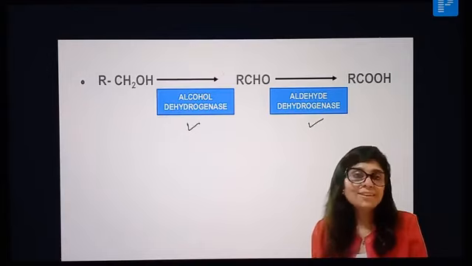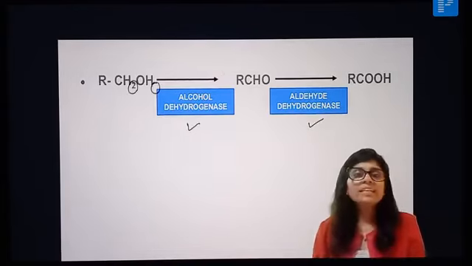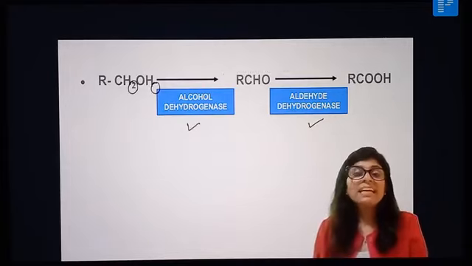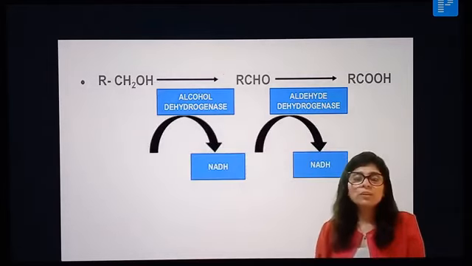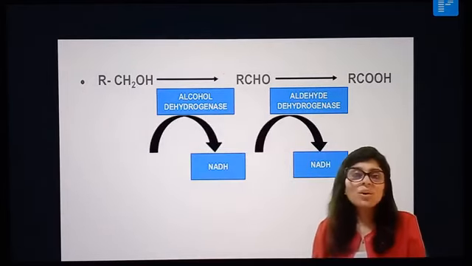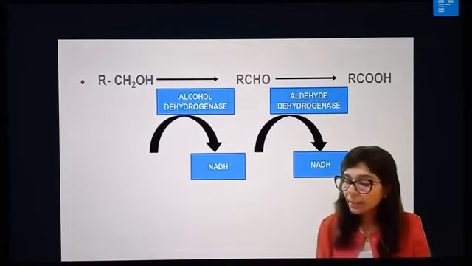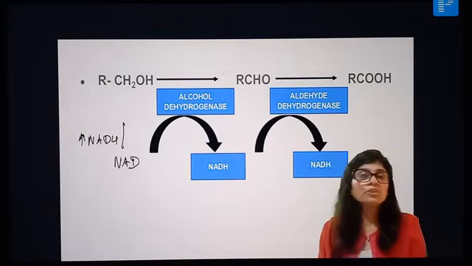What does a dehydrogenase do? Removes hydrogen from the substrate, gives that hydrogen to its coenzyme. What is its coenzyme? NAD, that becomes NADH. So for every molecule of alcohol that is getting metabolized in your body, you get 2 NADH. So the metabolic status of a chronic alcoholic is of high NADH-NAD ratio.